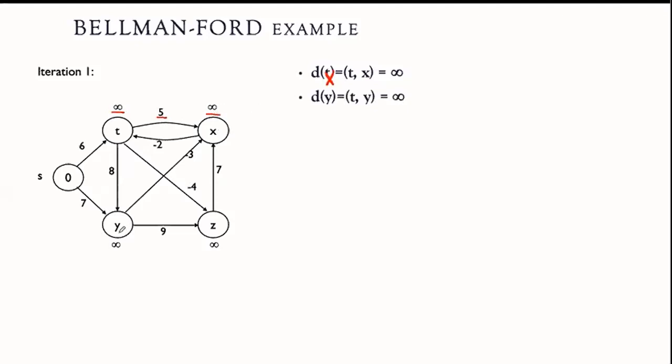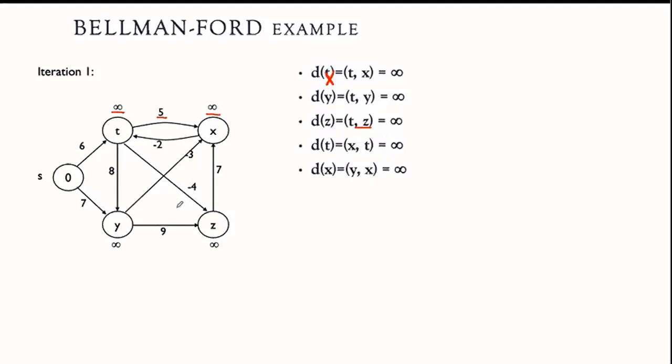Distance of y, edge t to y we are considering. Infinite plus 8 is equal to infinite. Distance of z, edge we are considering t to z. Infinite minus 4 will also be equal to infinite. So none of the distances are getting updated. X to t: distance of t we are trying to update. Infinite minus 2 is also infinite.